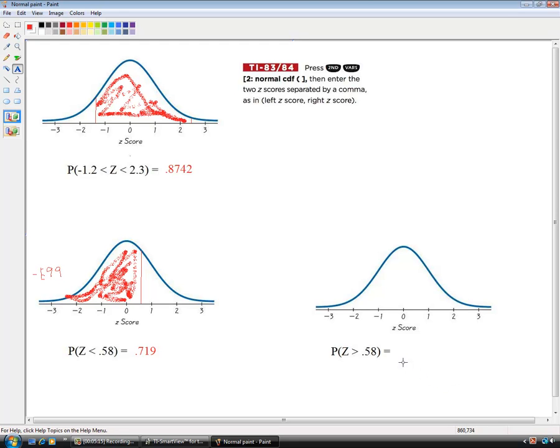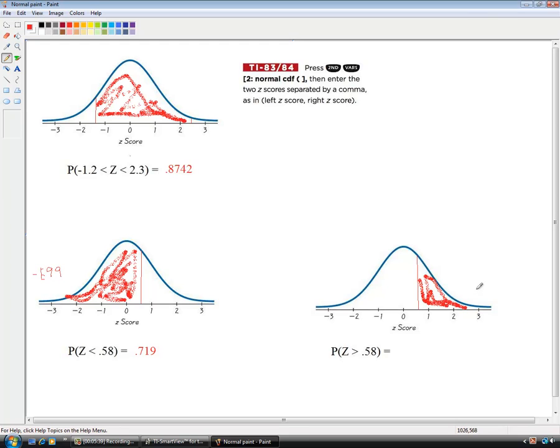Now you've got a couple ideas to do here. We've got the complement, so we're looking for the area greater than 0.58. Again, we want somewhere in this neighborhood, only we want the other side. So we want this side of the action going on here. Everything else.